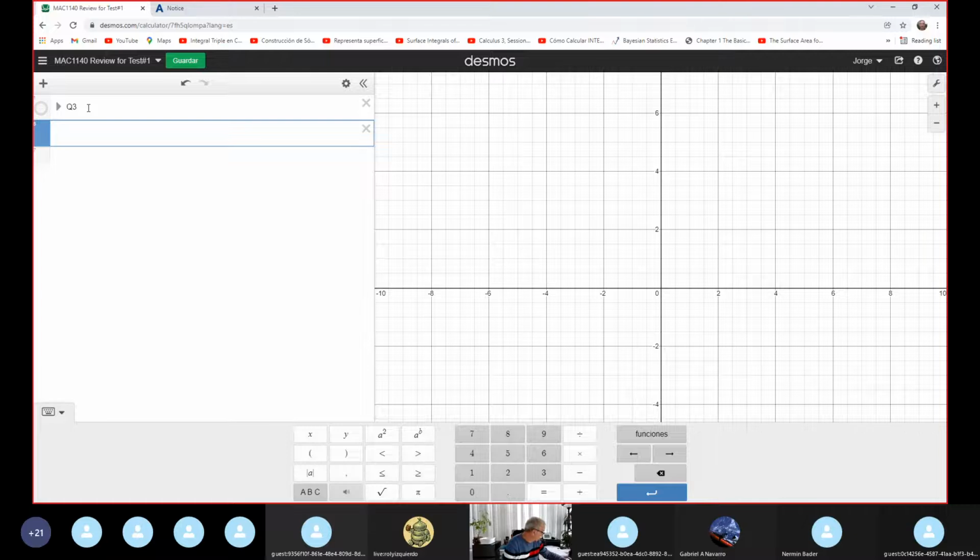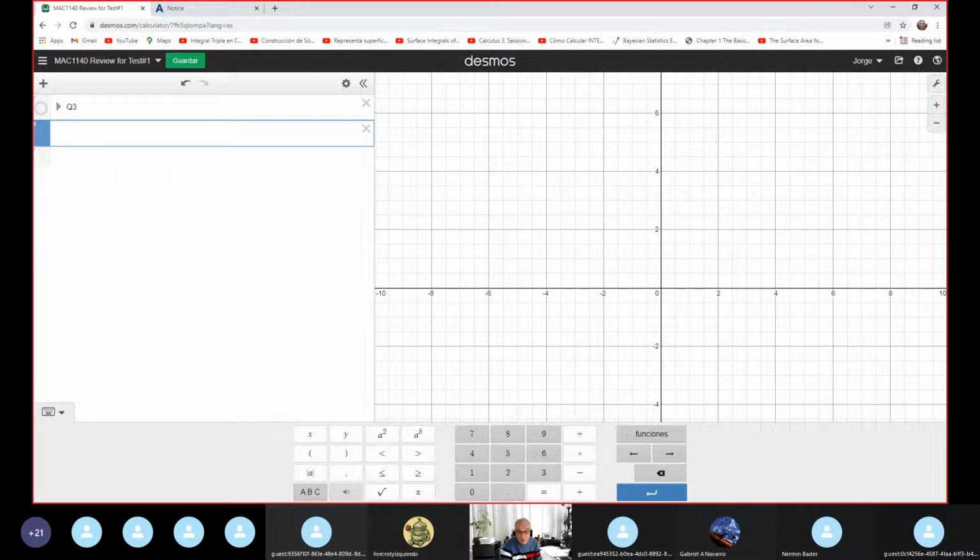Question 4 is another rational function. Question 4 we are doing on the whiteboard, and after we move on to this one, no? Guys, everyone follow me?